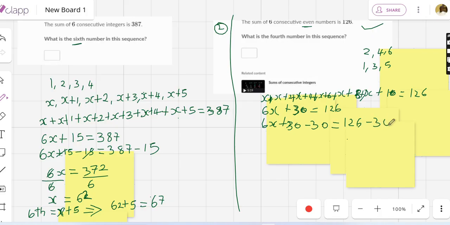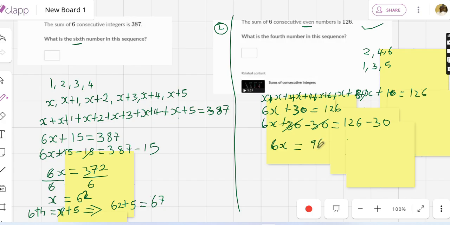So this plus 30 and minus 30 will go. So we'll have 6x left here equal to 126 minus 30, that's 96.